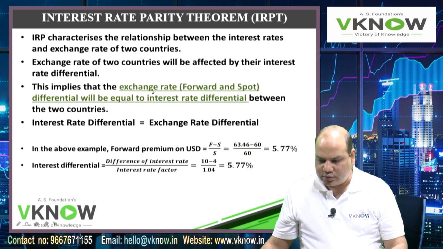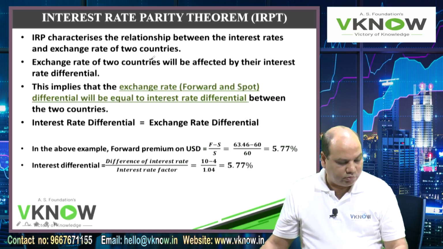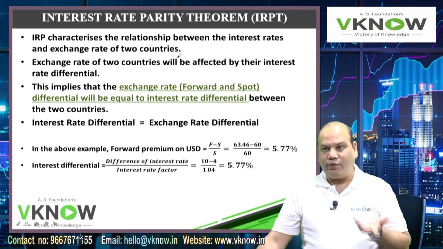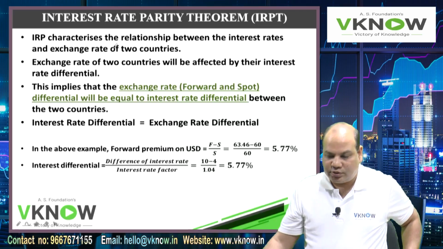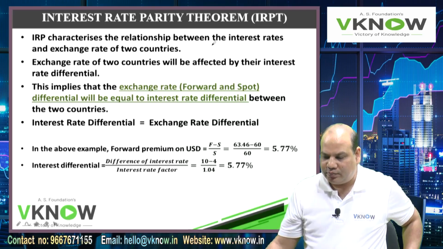Now next, come back to your book, some theory discussion and then understanding the formula. Directly I will not give you the formula; I will prove the formula with the help of numbers so that you are convinced. IRP, interest rate parity, characterizes the relationship between the interest rate and exchange rate of the two countries.